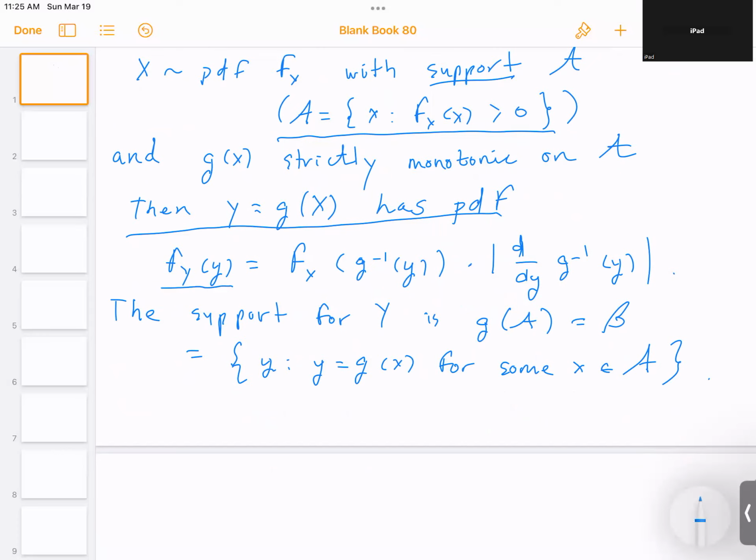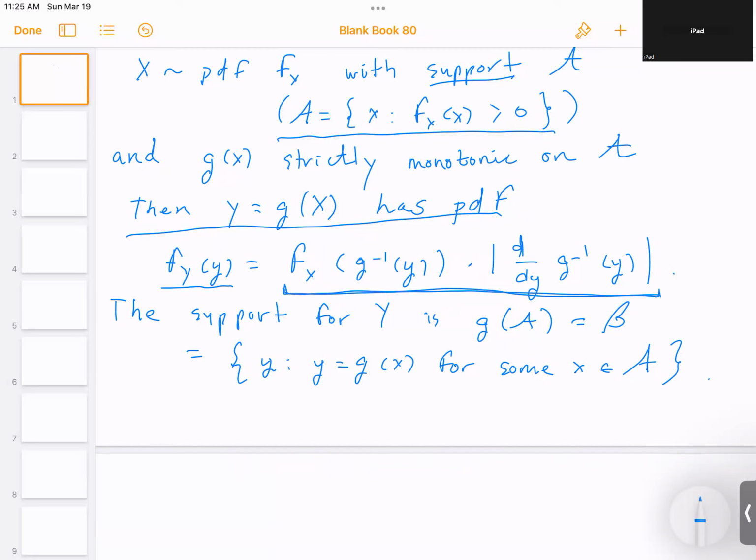It looks a lot like the chain rule, basically. So I'll show you now why this is true, and then we'll see how this form extends when there's more than one variable.